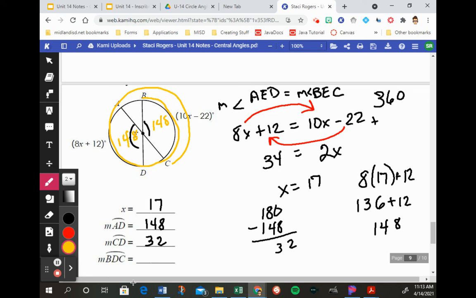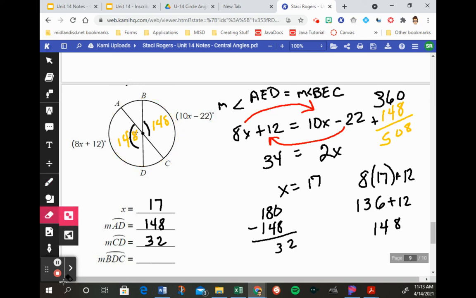So B to B is 360 plus 148. 508. Oh, I did it backwards. Scratch that. You're going, yes, Miss Rogers, we know you did it backwards.